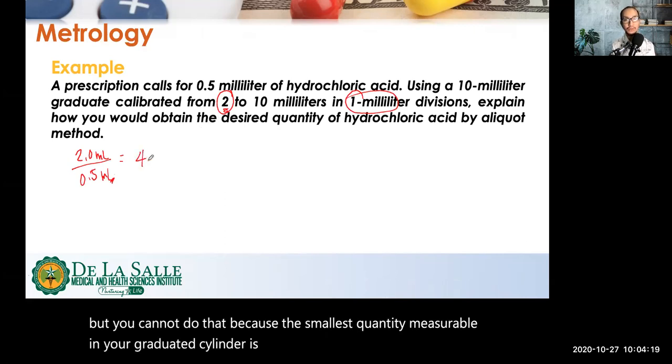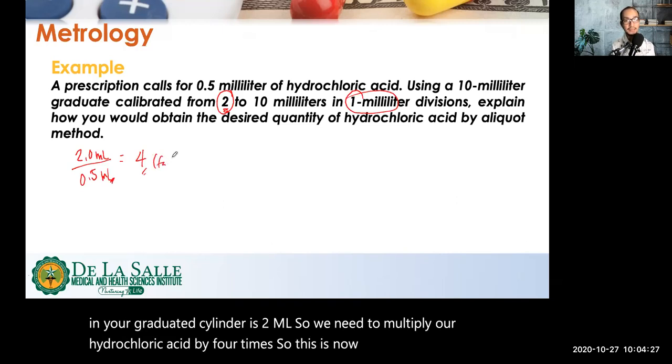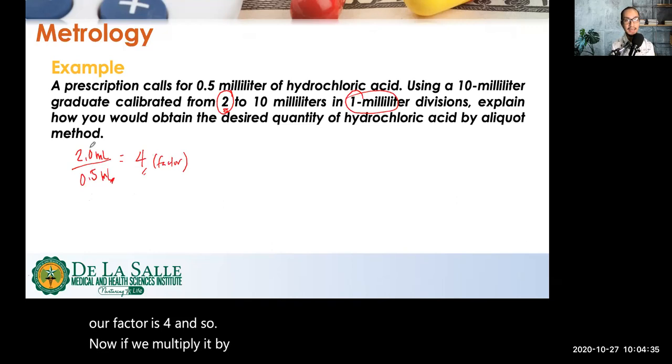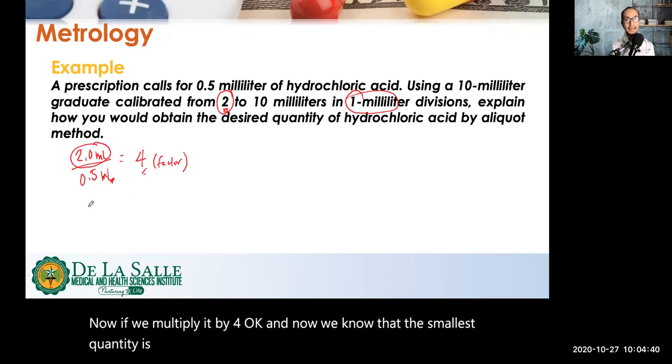So, we need to multiply our hydrochloric acid by 4 times. So, this is now our factor. Okay? So, our factor is 4. Okay? Ayan. So, now, if we multiply it by 4, okay, ayan, now we know that the smallest quantity is 2, okay? Ayan, so 2 yung smallest quantity, so I can also multiply this by 4.